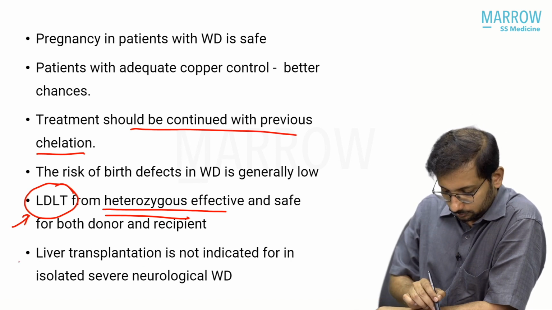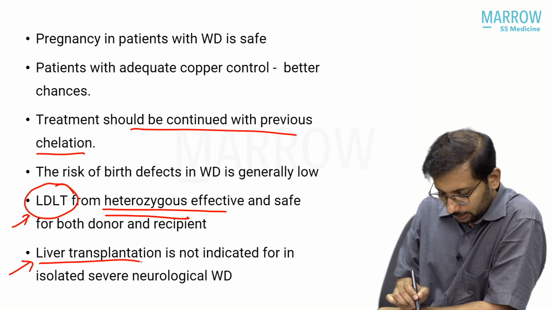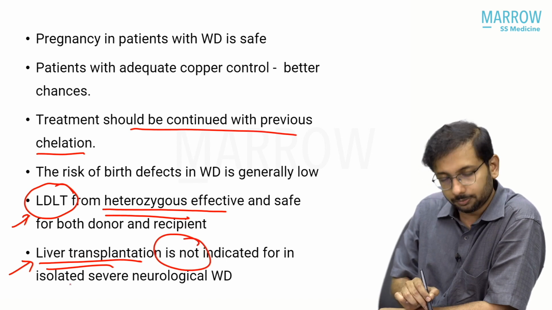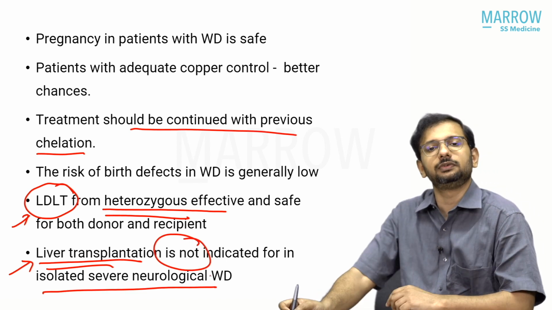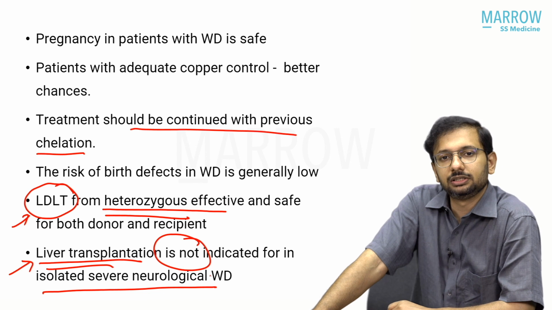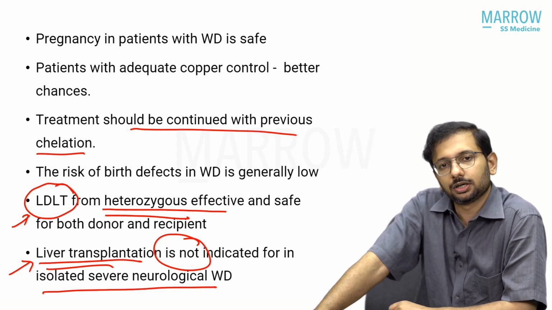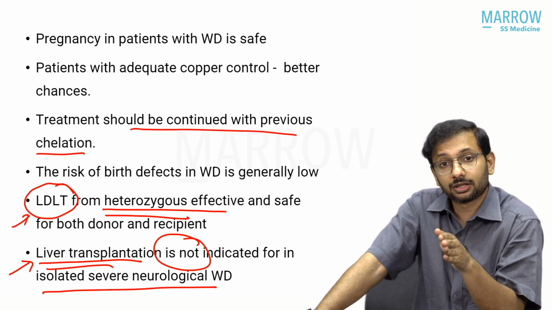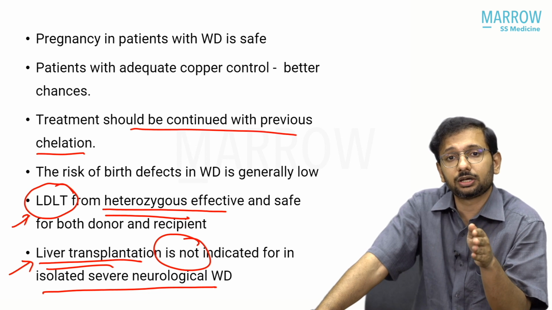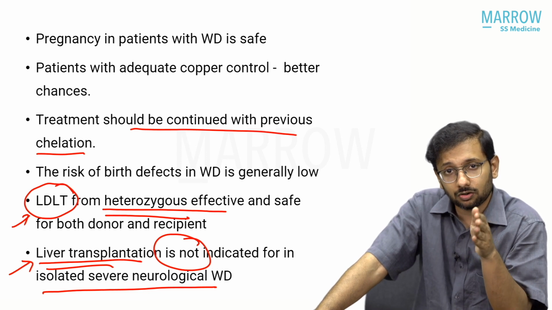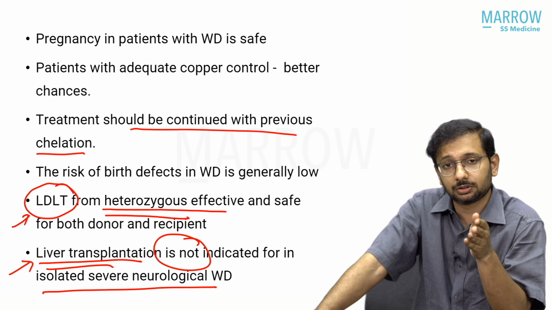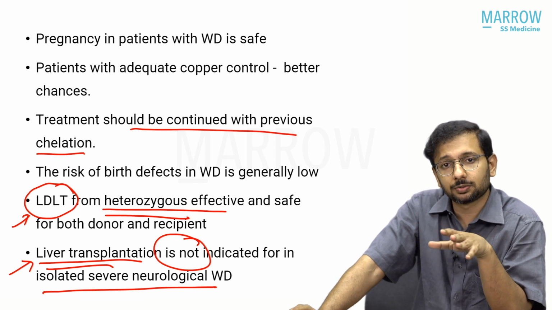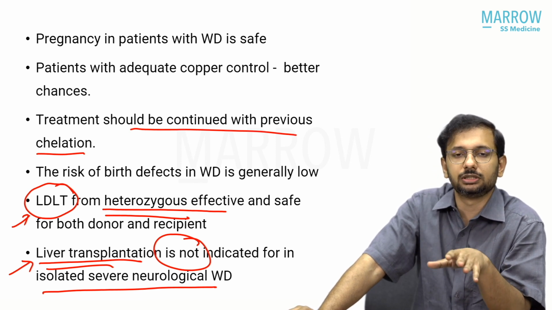Another point is that liver transplantation is not indicated in patients with isolated neurological Wilson's disease, because there is no evidence that patients will improve post liver transplant, even though the liver is the main organ affected and has the maximum amount of ATP7B gene. Liver transplantation will not cure patients with neurological Wilson's.